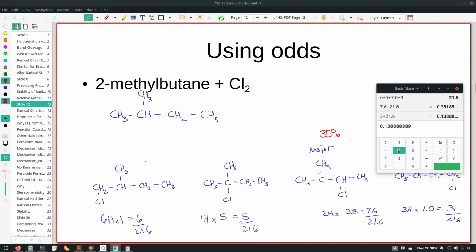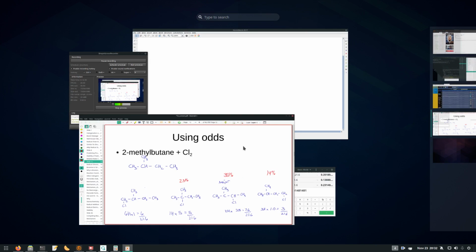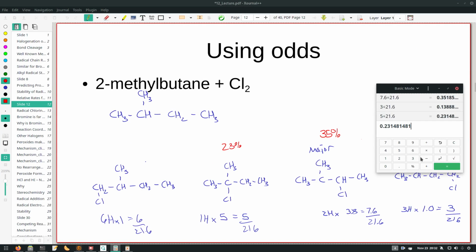Let's see, 5 divided by 21.6 gives us roughly 23%. And last one, 6 divided by 21.6, can be slightly higher at 28%.